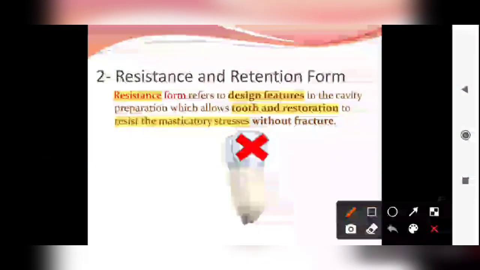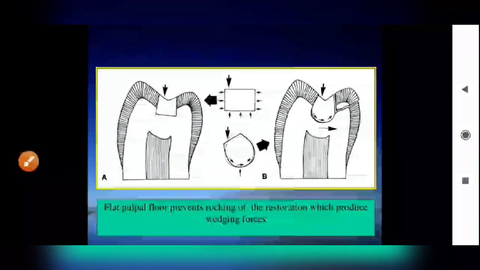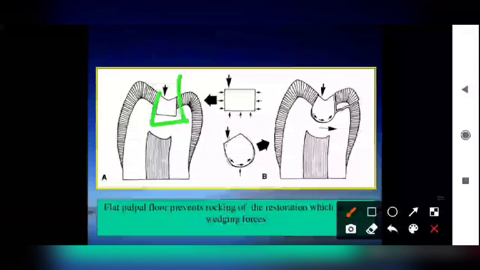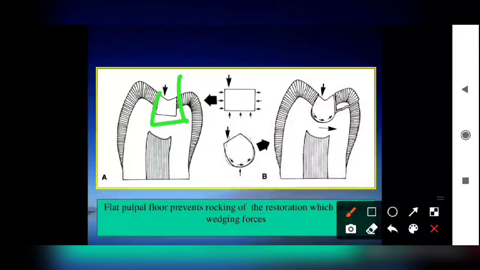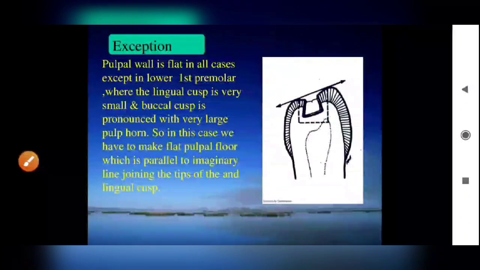So this is not all, this is most important: it has a box shape and a flat pulpal floor, which is useful for preventing rocking of the restoration. The flat pulpal floor is very important, and the pulpal floor is flat in all cases except in the first premolar.